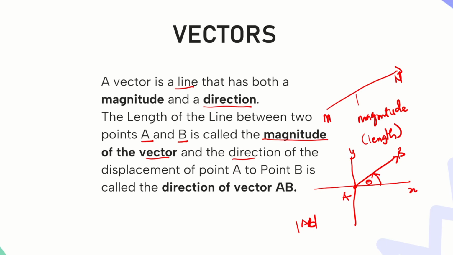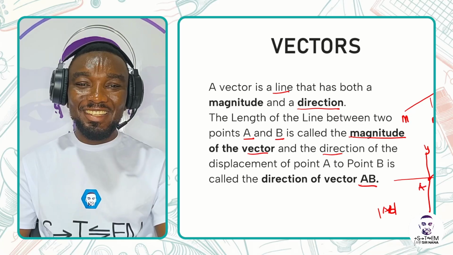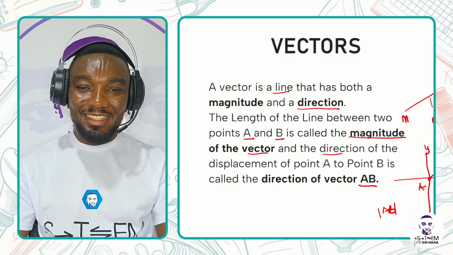That direction can be an angle. So the direction, or displacement from the origin, represents the direction of the vector AB.